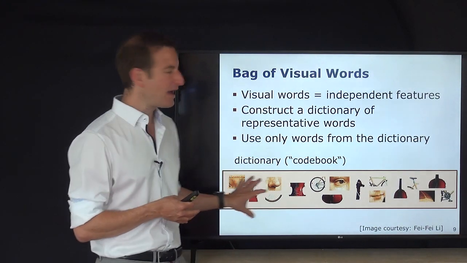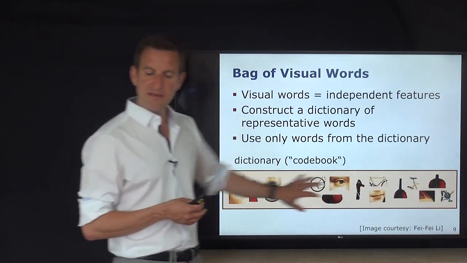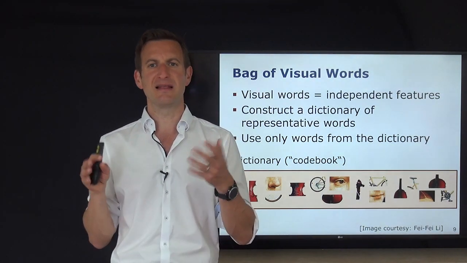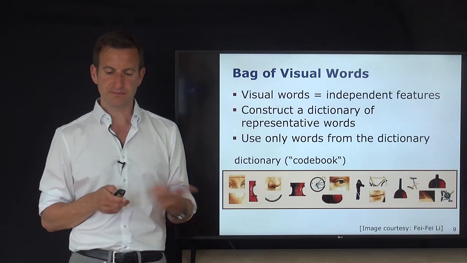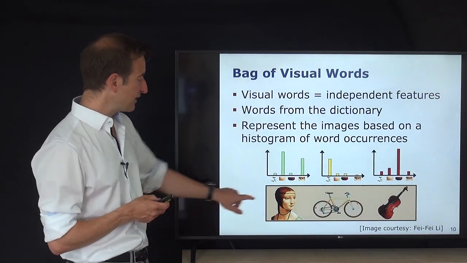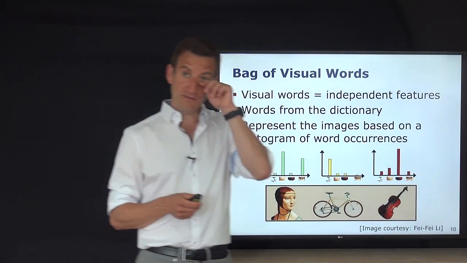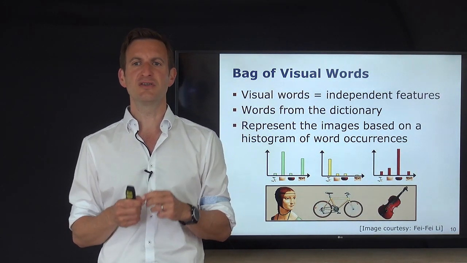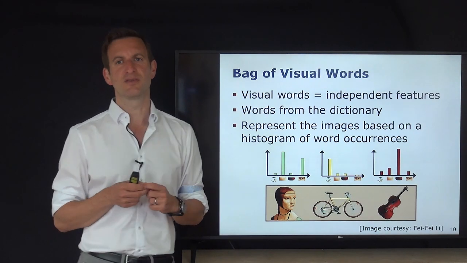So you need to have some kind of dictionary, and this dictionary defines the words which will be considered the allowed words for our comparisons. And then, as I said, I can take different images as inputs and compute how often the individual features, so the individual visual words, appear in those images.